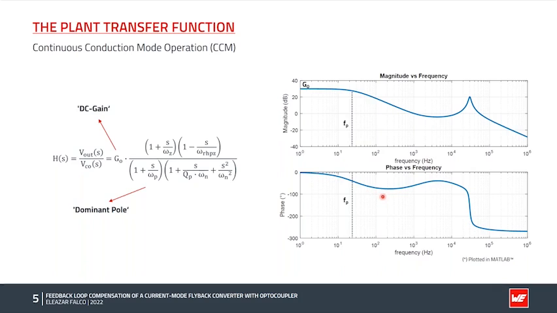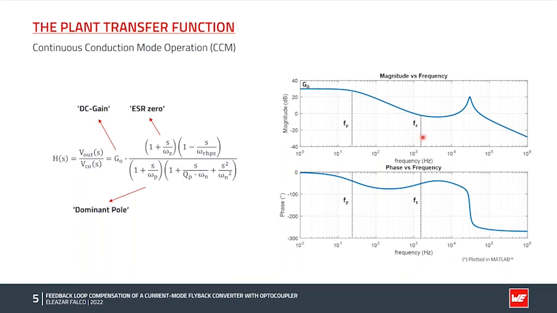But in this case, we see it does not quite reach -90 degrees because we also have the so-called ESR zero, whose frequency is inversely proportional to the converter output capacitance and its ESR value. And from that comes its name. In the case of this plot, high ESR capacitors, like electrolytic type, were considered in the design, causing the ESR zero to appear here in the lower frequency range.